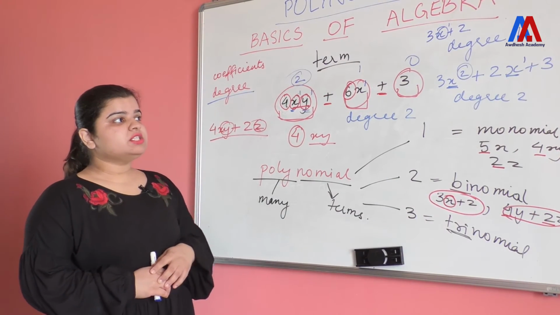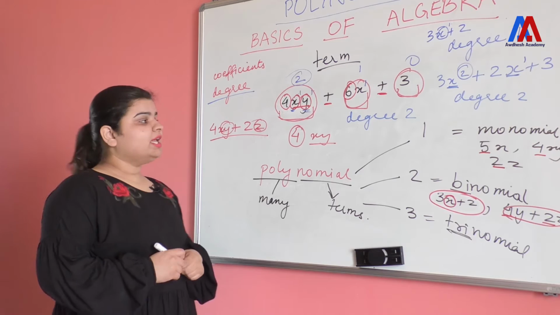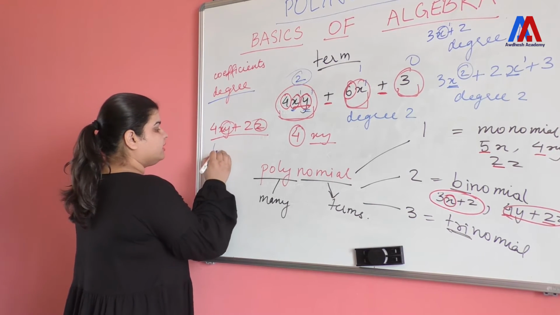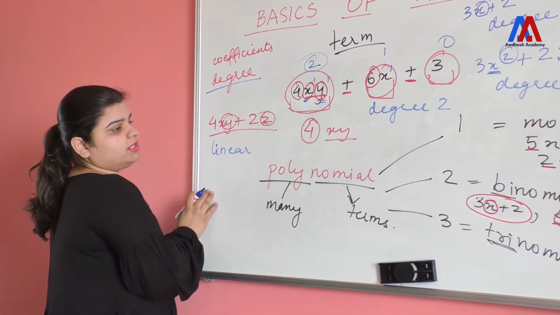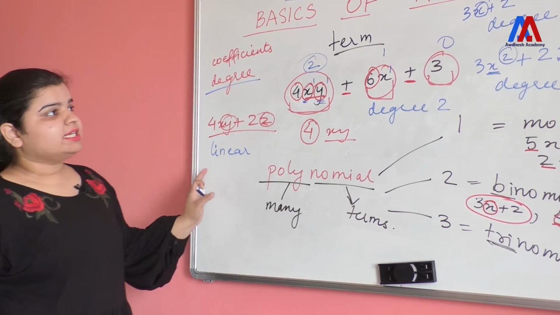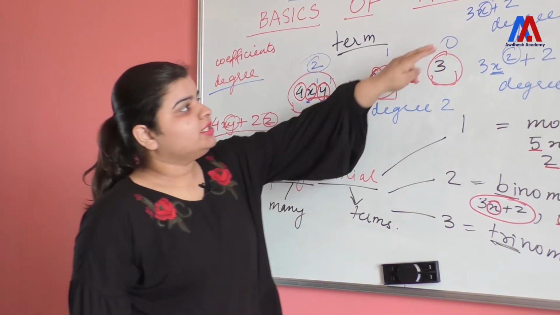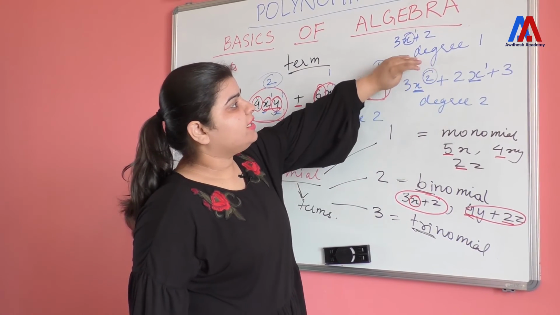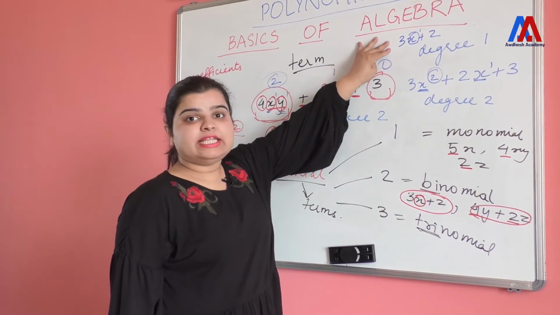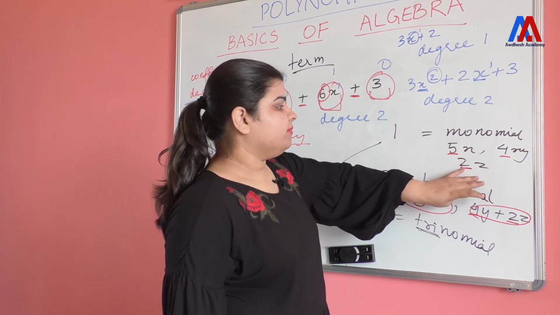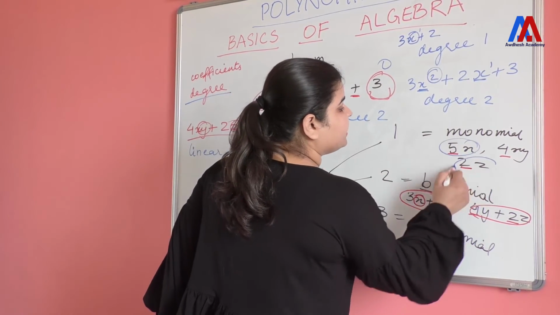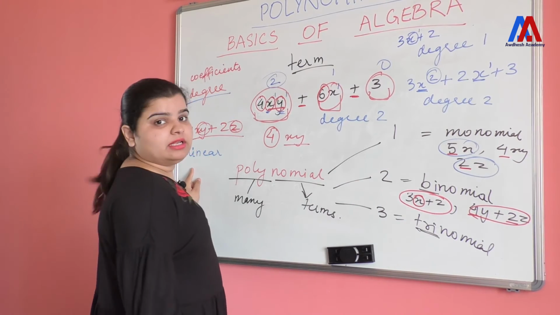Now on the basis of the degree of a polynomial, we can have a few classifications. The first is a linear polynomial, which has a degree 1, like 3x + 2 here had a degree 1 and this would be a linear polynomial. Likewise, these all here, 5x, 2z, are linear polynomials.